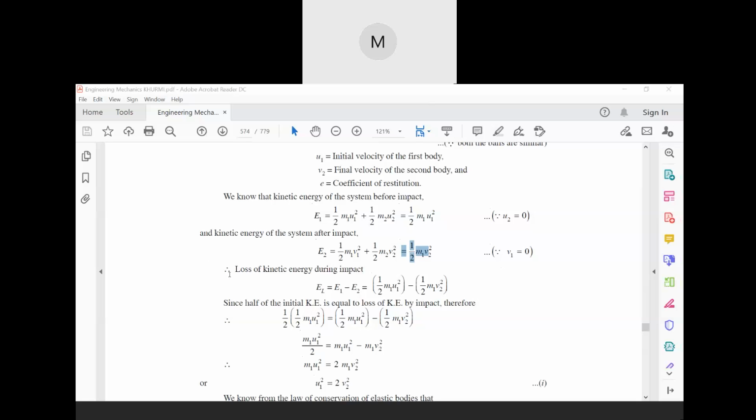Now we have to find out the loss. Loss means EL, which is E1 minus E2. You know E1, you know E2. So half m1 u1 square minus half m1 v2 square.